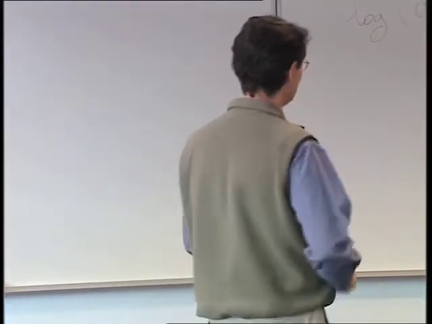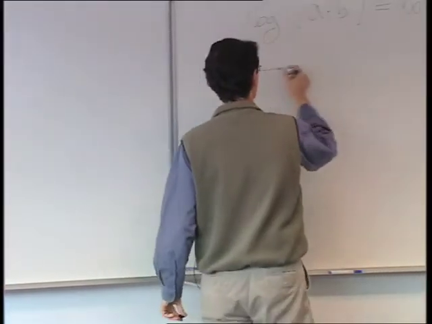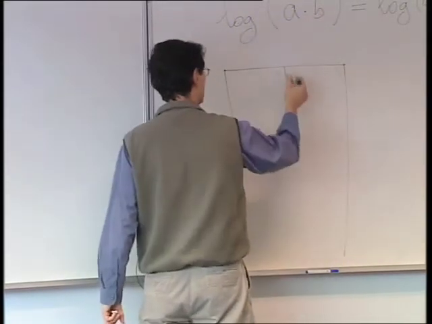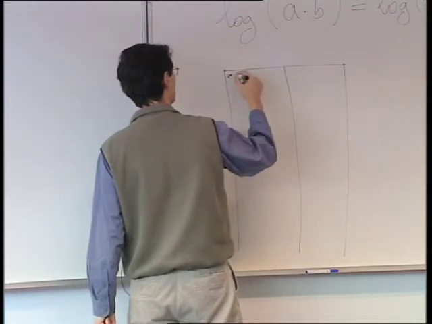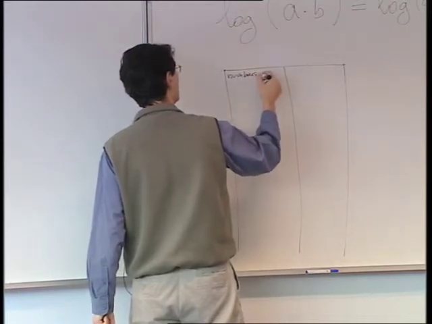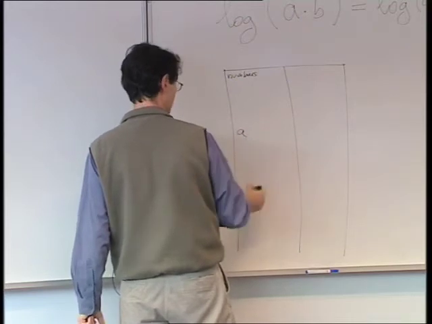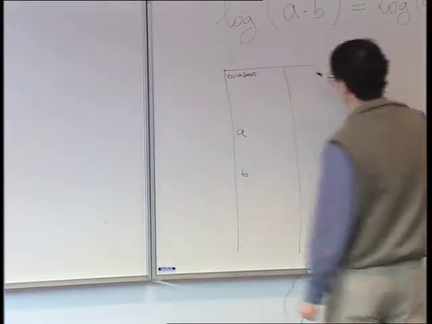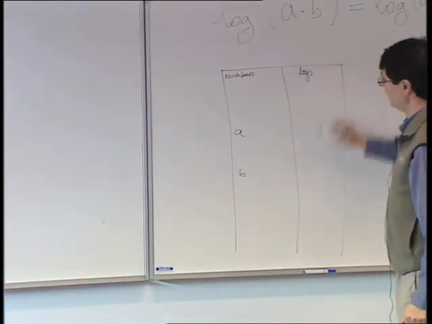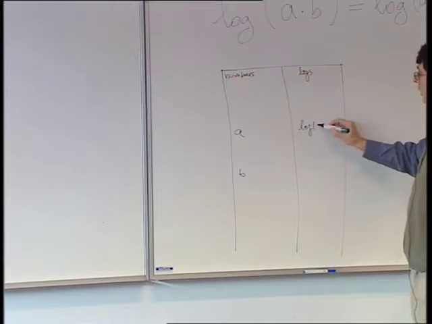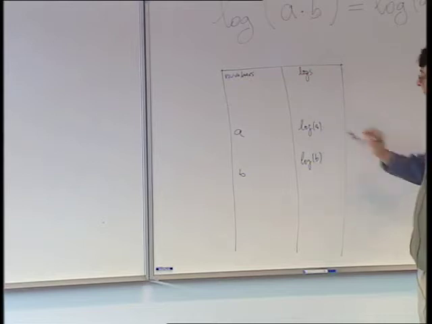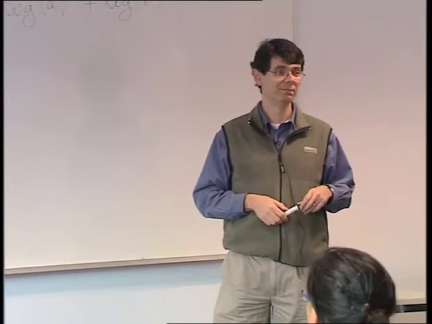In the ship, they had a table of logarithms. On the left column, they had numbers, say, for instance, A and B. And on the right, you had the logarithms of those numbers: log A, log B. Okay, so let me show you how they did multiplication.